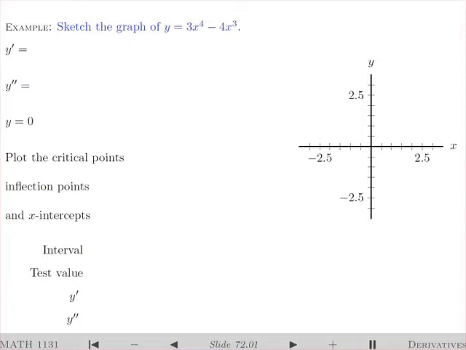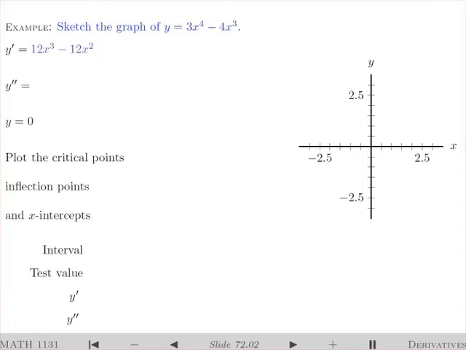The differentiation part is easy because all I have to do is apply the power rule term by term. The first derivative is 3 times 4x cubed minus 4 times 3x squared, which simplifies to 12x cubed minus 12x squared. Since I have a polynomial, it's always differentiable. So the only critical values occur where y prime is 0.